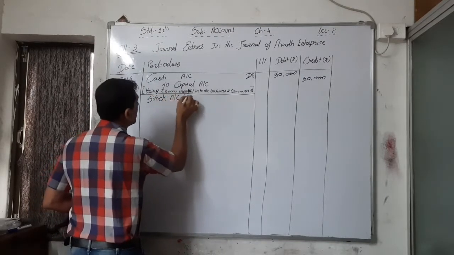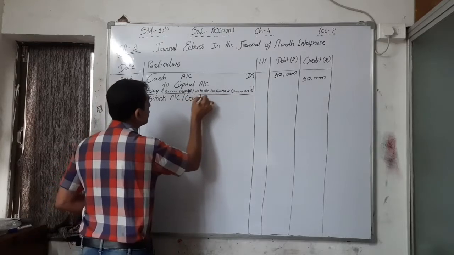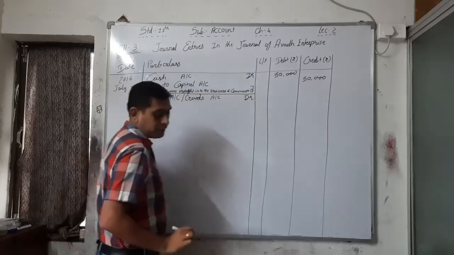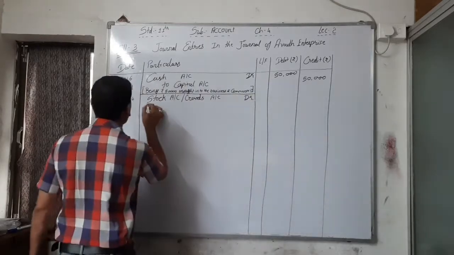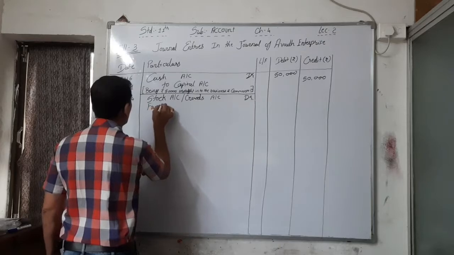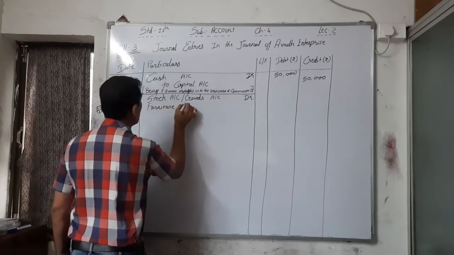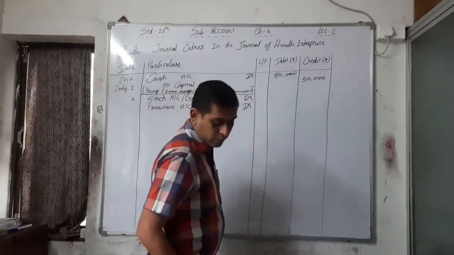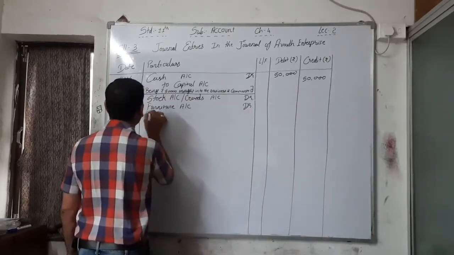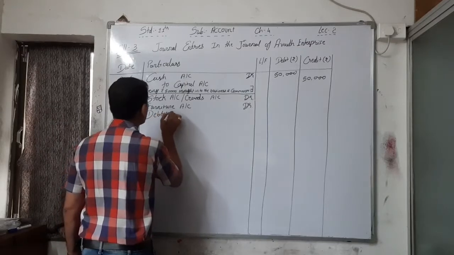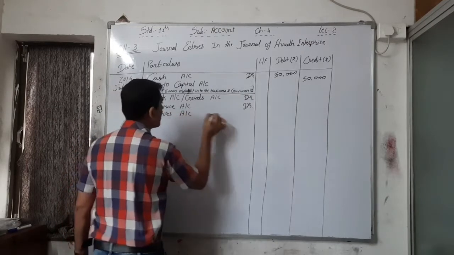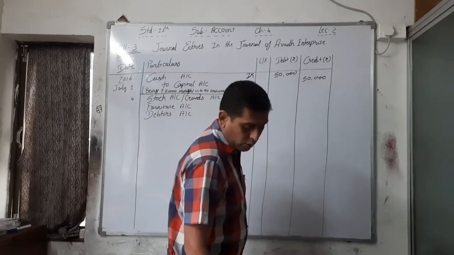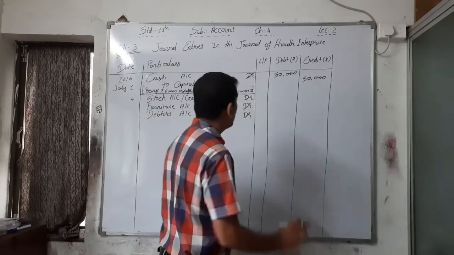Stock account or goods account debited, then furniture brought by the owner, furniture account debited, then debtors. So debtors is also your asset. Debtors account debited with the amounts 10,000, 20,000 and 30,000.